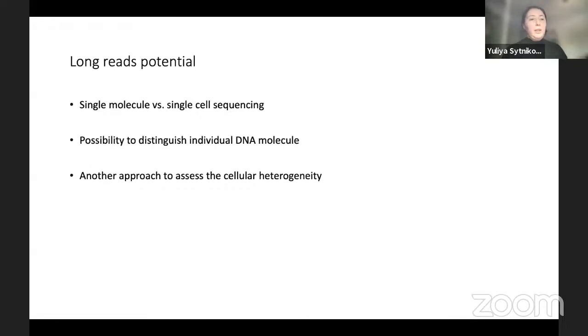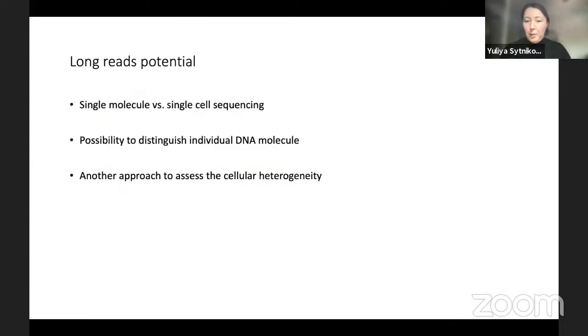By profiling the chromatin state or methylation across these long DNA reads, you could then separate the patterns into subpopulations and use these subpopulations in the same way as you use them for single cell sequencing. In that way, this approach is also promising and could be used instead of single cell sequencing.